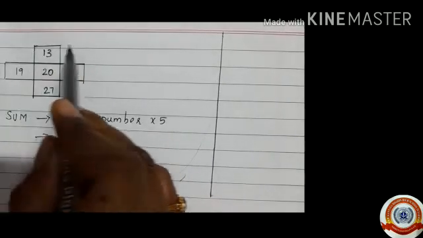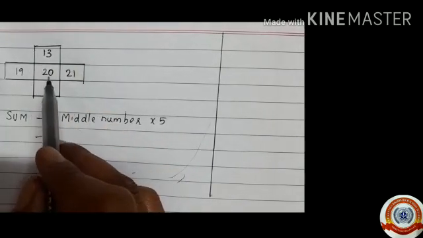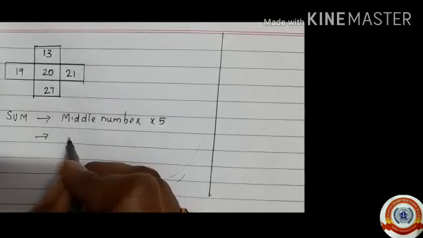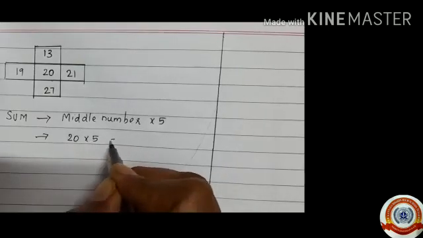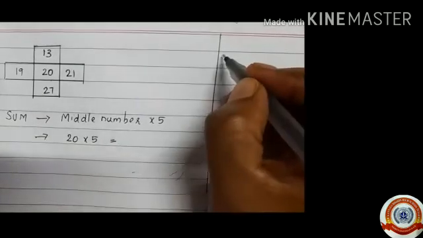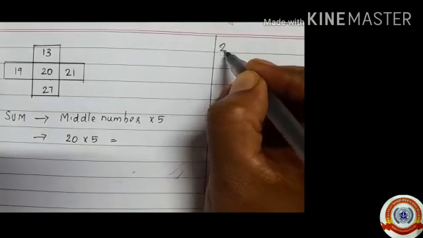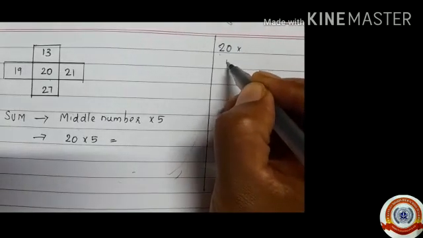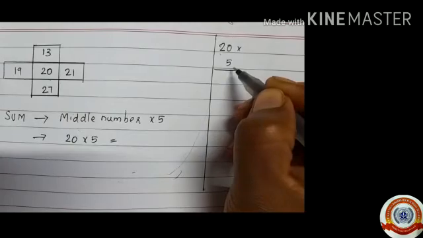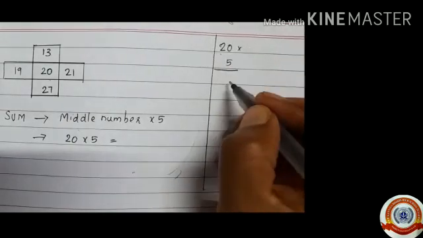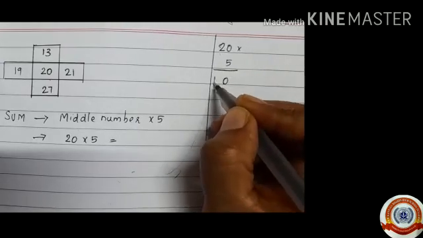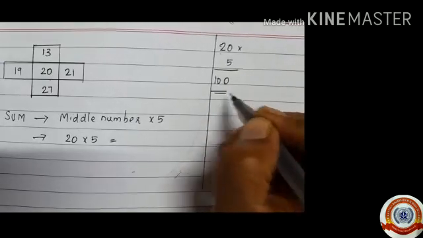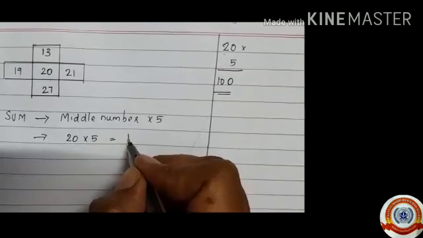Which is the middle number here? Which number comes in the middle? Yes, 20. So, 20 into 5. 5 into 0, 0. 5 into 2, 10. So, we get the sum 100.